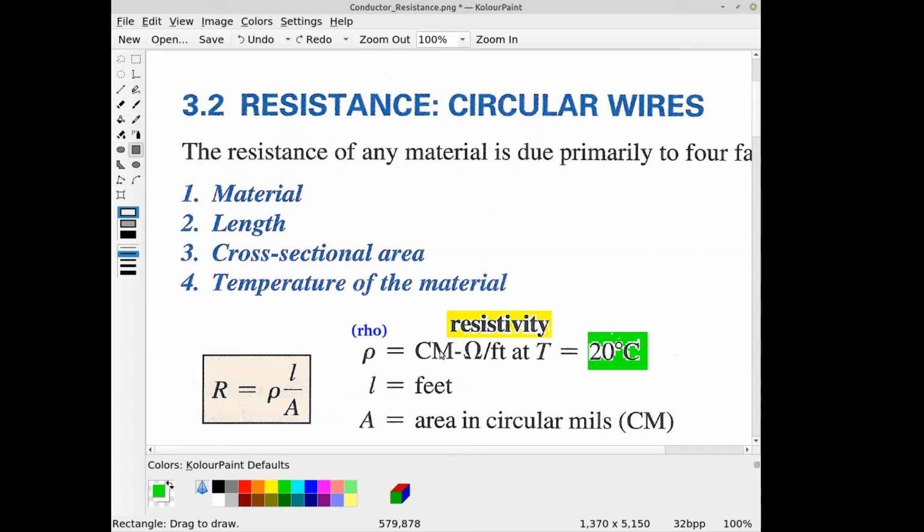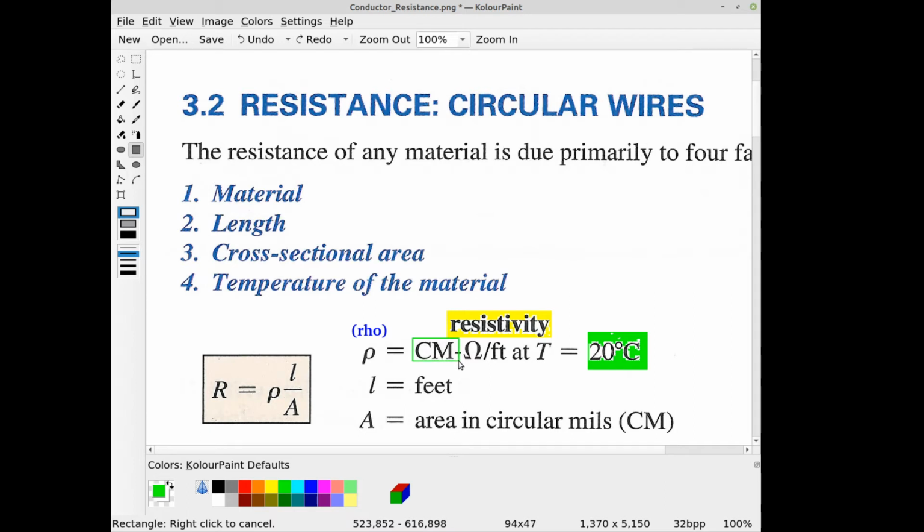Now, the resistivity is based on the cross-sectional area divided by the feet, given at a fixed temperature. The units of the resistivity here are listed as circular mils, which we'll discuss in a bit, and that's for round wire.